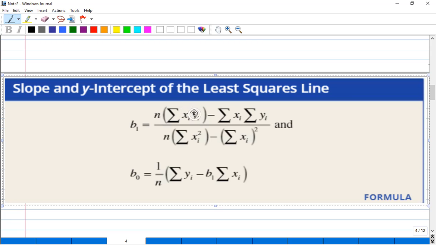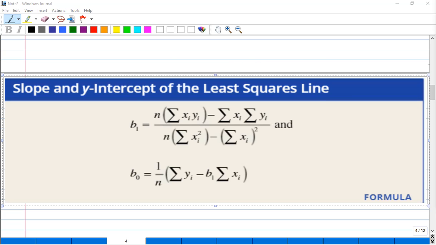So this is the sum of x times y, the product of those two. This is the sum of x squared, so you'd have to have an x squared column and then take the sum of all that. And this is the sum of x, squared. So it's not too bad, even though it looks kind of bad. It's just a lot of number crunching, a lot of calculations.